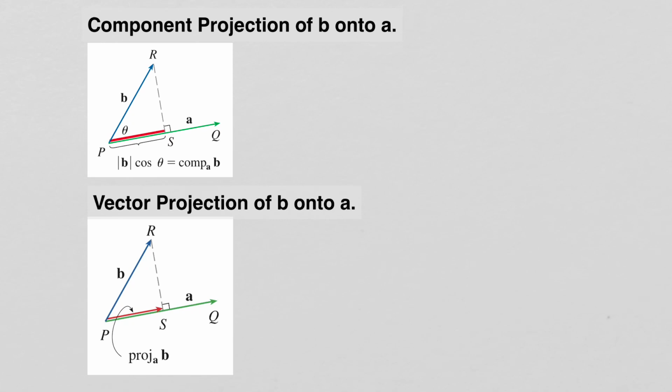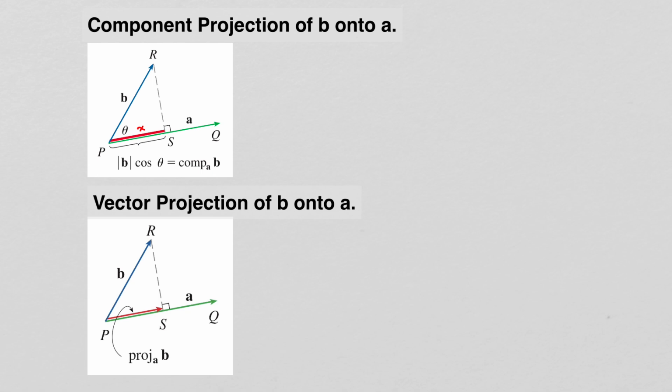Now suppose we have two vectors A and B as pictured here, and they have the angle theta between the two vectors. If I shine a light perpendicular to vector A, you can see the vector B would make a shadow on vector A. The length of this shadow is what we call the component projection of B onto A. And to find that length, all I would need to do is solve for that side of the triangle.